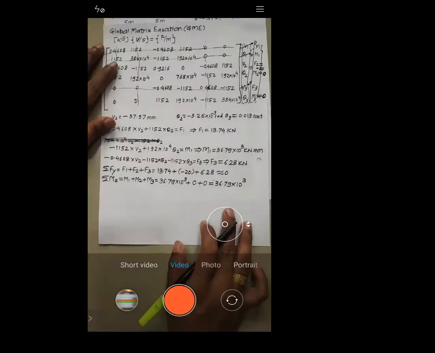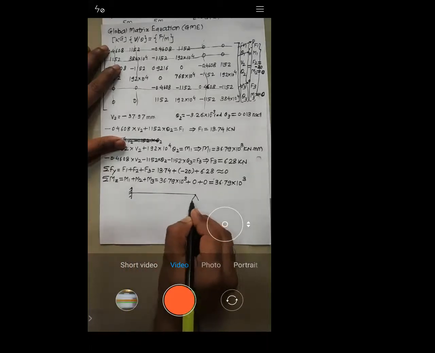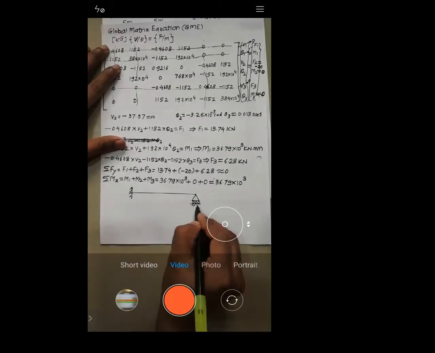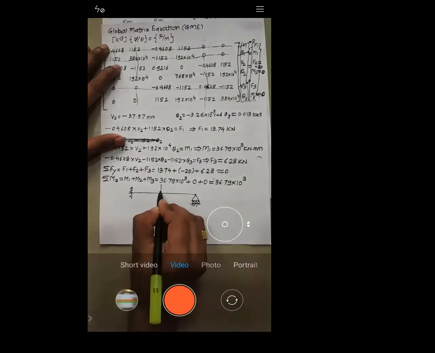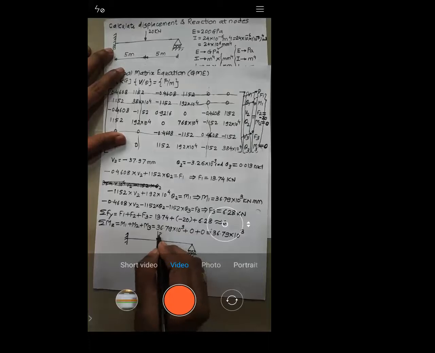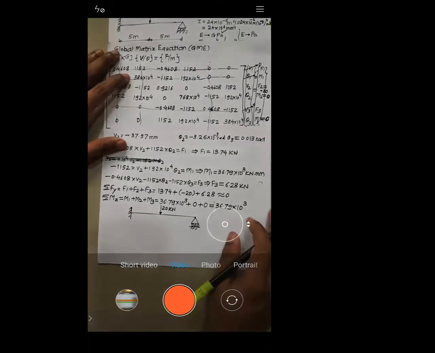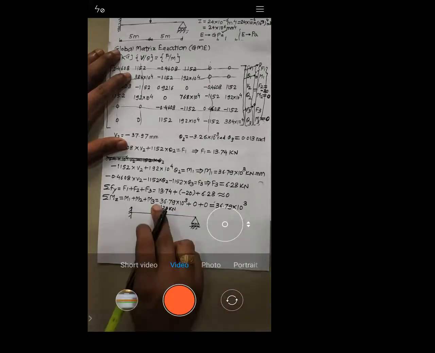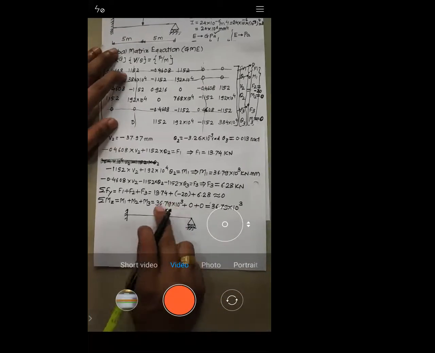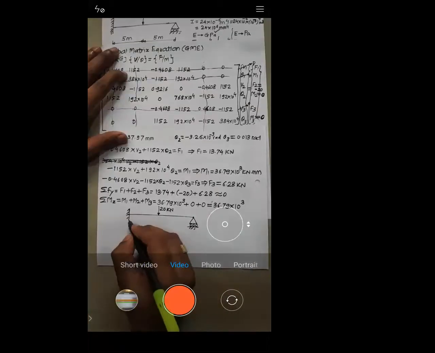See the reason. Let me draw that diagram again. See, this is your beam, right? Yes or no? How much force did you apply here at node 2? 20 kilonewton, right? So in order to balance this 20 kilonewton, how is it balanced?